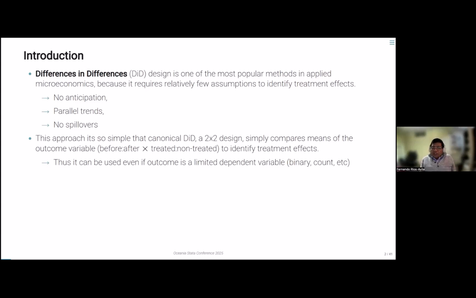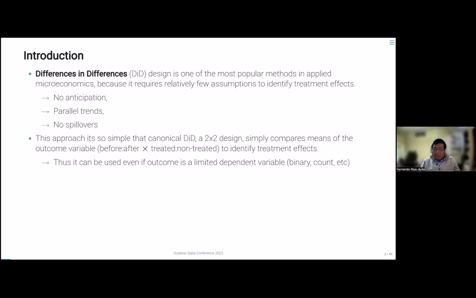This approach is so simple that I remember when I was learning about this for the first time, I wouldn't put too much emphasis on the methodology because it was something you could do with a simple regression: a dummy for treated, a dummy for before and after, and an interaction of that, and basically you're done.